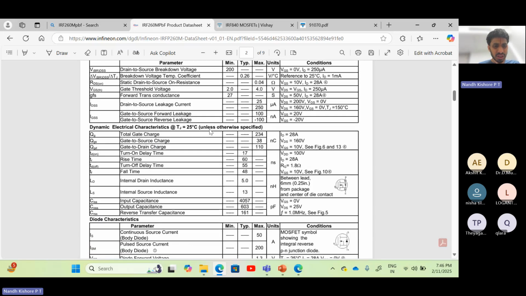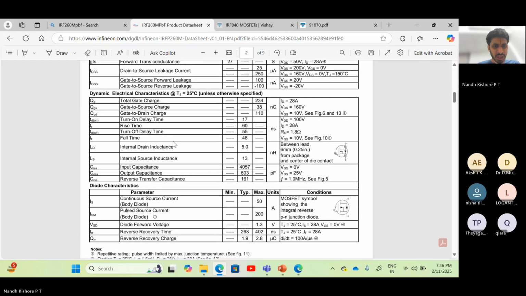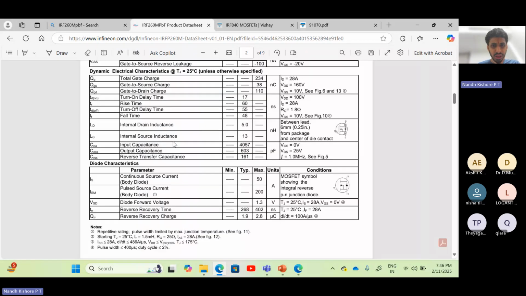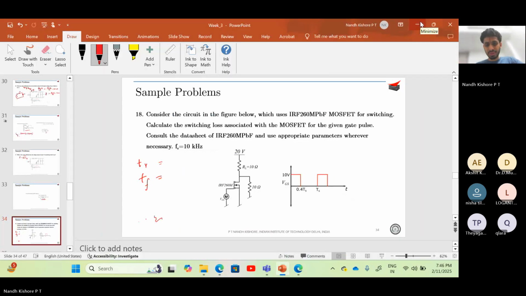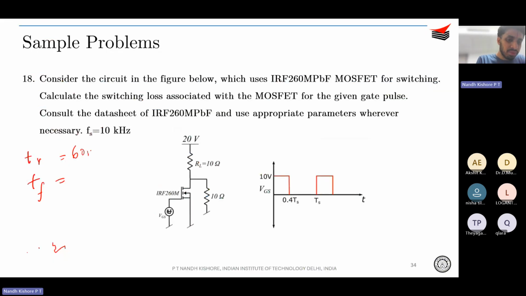You get tr and tf. So tr is 60 nanoseconds and tf is 48 nanoseconds.